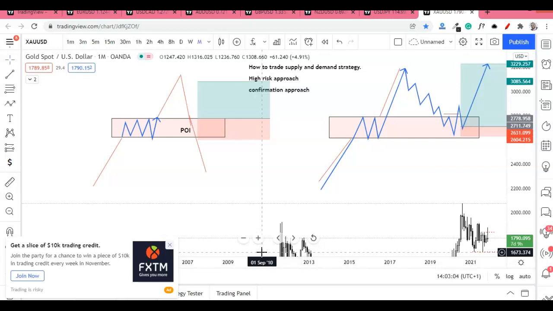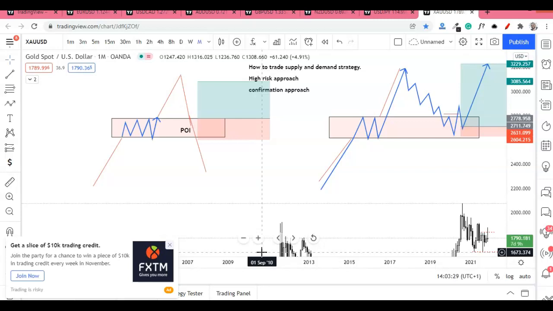And I will encourage you, this is not financial advice anyway, just my own opinion, to always wait for confirmation, especially if you're a new trader. Wait for a confirmation before you move into that trade. Confirmation is simple. It's all about waiting for a break of structure in a lower time frame. If you are observing the point of interest on the 4 hour, wait for a break of structure in the lower time frame.